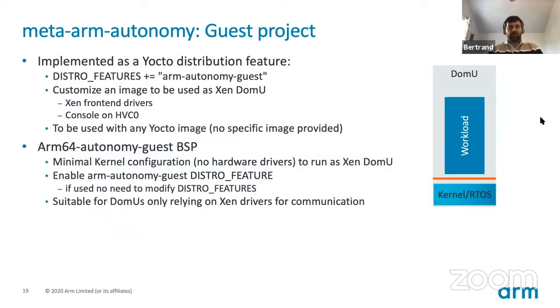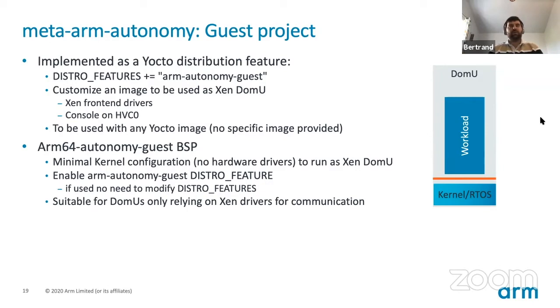The second part of the autonomy stack is building guests. The layer provides a Yocto distribution feature named arm-autonomy-guest for that. The feature will add Xen front-end drivers in the Linux kernel and some customization to be able to run as guests, that, for example, having the console on hvc0. There is no specific image provided for guests, as the feature can be used with any existing Yocto image.